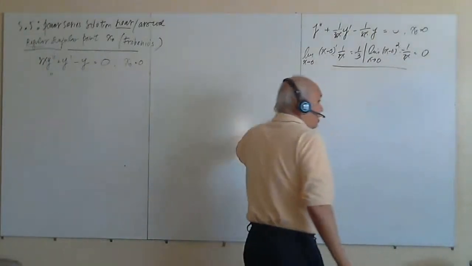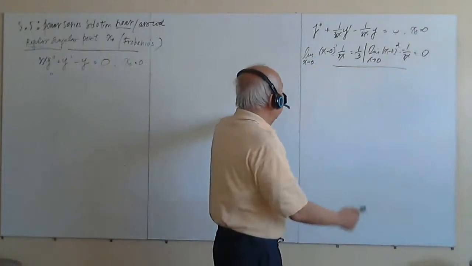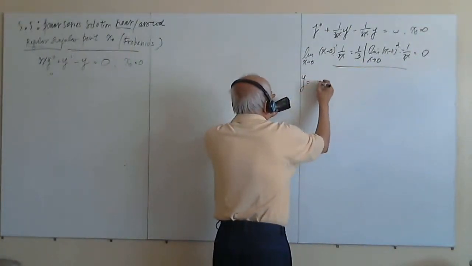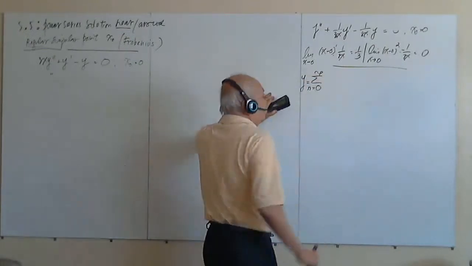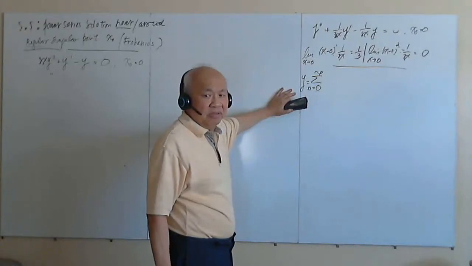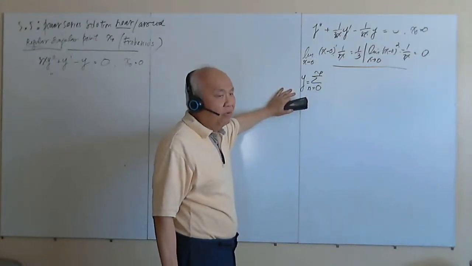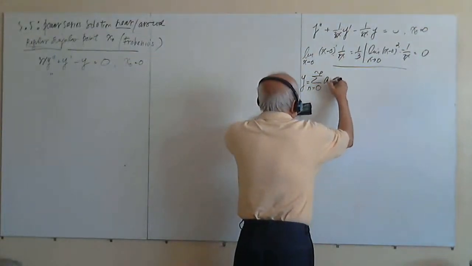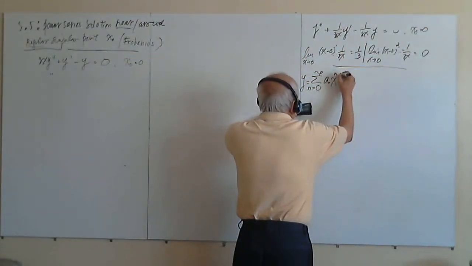According to the way that we discussed last week, you got y equal to the sum from n equal to 0 to infinity. Am I correct? Yes. Remember, we are talking about Frobenius. And then a sub n x to the n plus r.